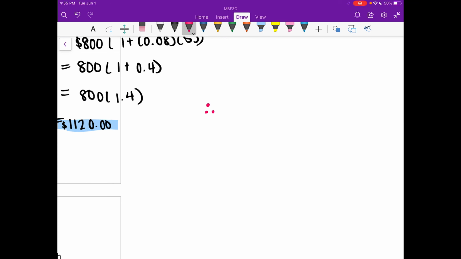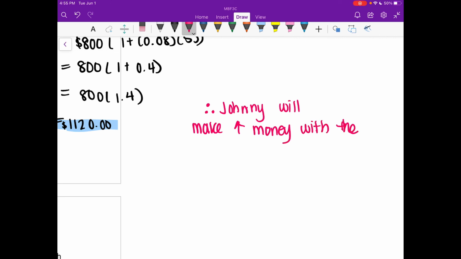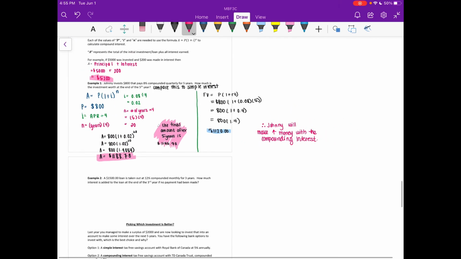Therefore, Johnny will make more money with the compounding interest. Which I guess we knew at some level, but that's just to prove it to you.